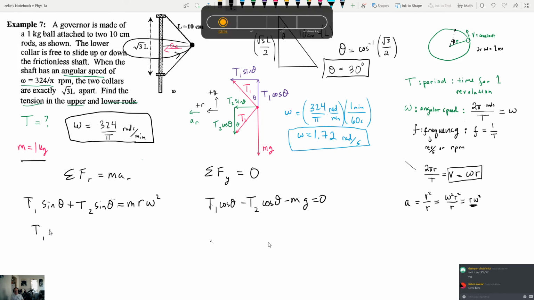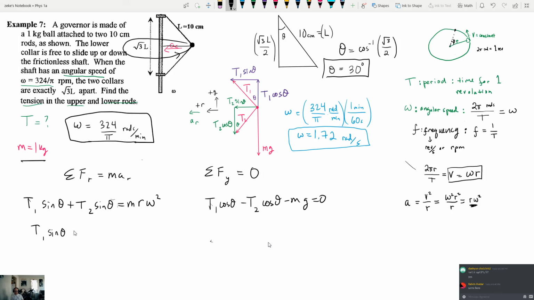So t1 sine theta is equal to m r omega squared minus t2 times the sine of theta. If we divide everything through by sine theta, we're going to get t1 is equal to that, because both these terms have a sine in them.